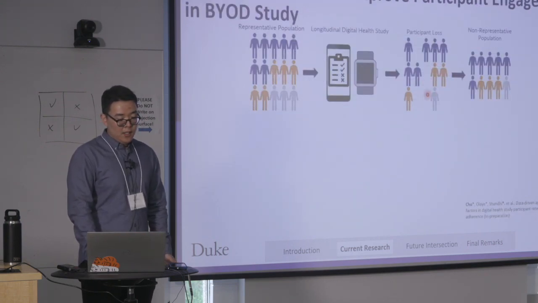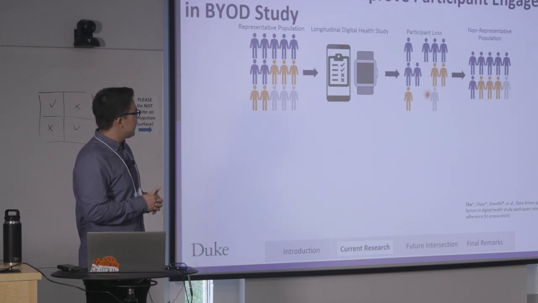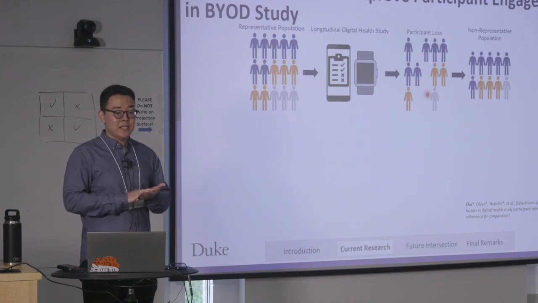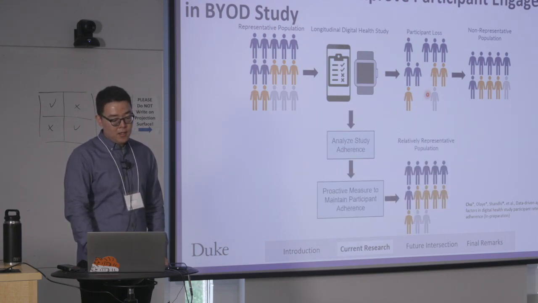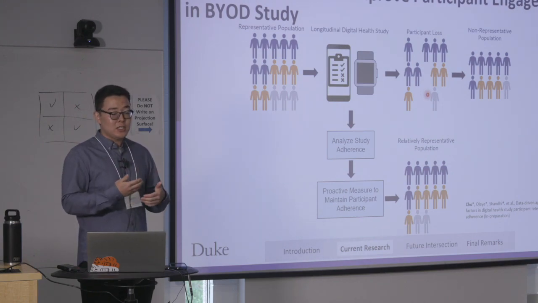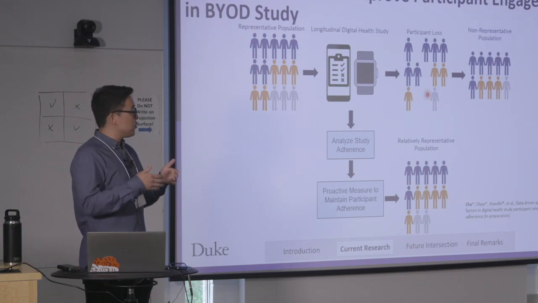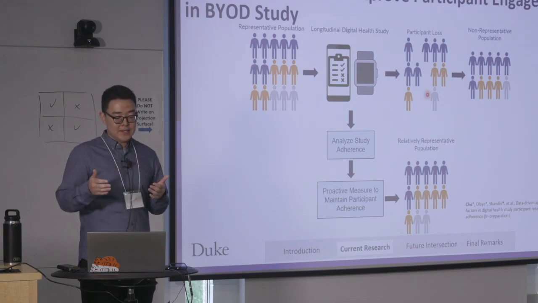And so one paper that we currently have in preparation is proposing a method to improve our participant engagement, especially in these BYOD studies. Our proposal is that we need to understand our study adherence and how participants are engaging in these studies as we prepare for these longitudinal digital health studies, or as we've collected this data.